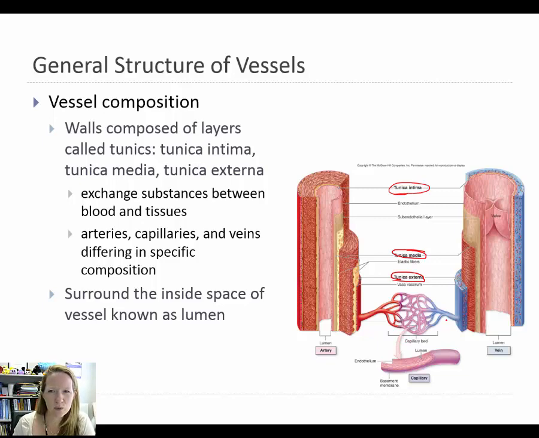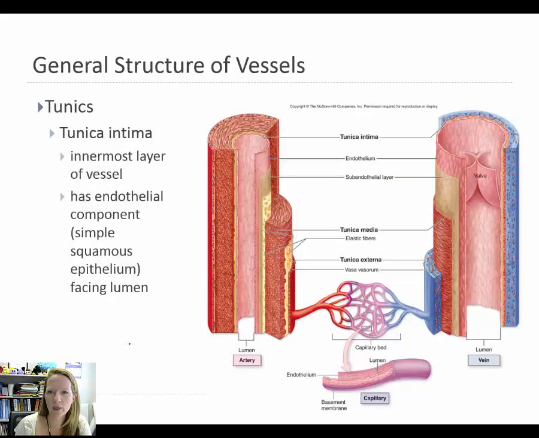And of course, what these wall layers do is they surround that inside space, which is known as a lumen. Lumen is basically that hole that blood flows through in the blood vessels.